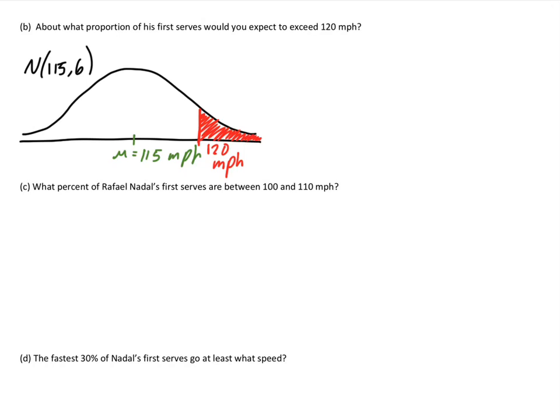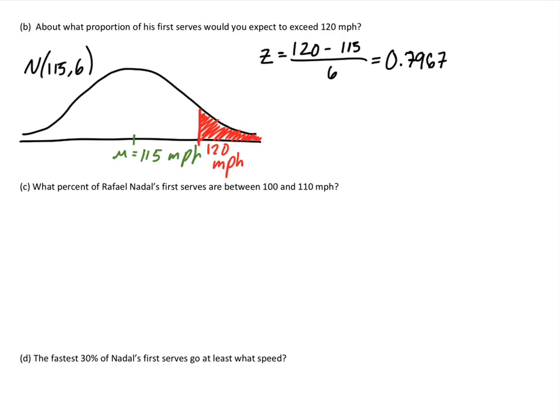So here's the deal: if you look up the z-score for 120, I think that only tells you the stuff to the left. Matter of fact, what is the z-score for 120? 0.7967? Yes. All right, sounds good. 0.7967, that's the z-score for 120.